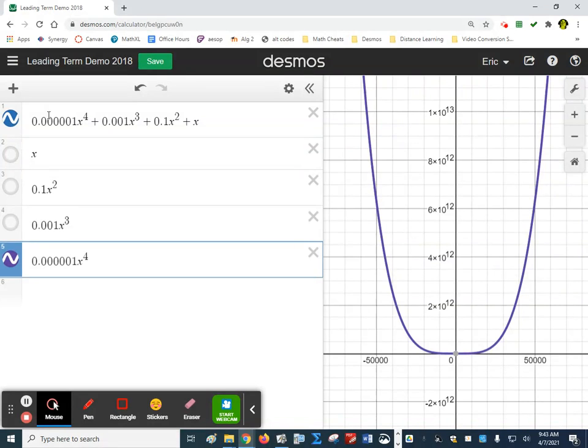So that makes it easy for us to analyze the end behavior of a polynomial. All we have to do when we want to analyze the end behavior of some big fancy polynomial is look at which term? Leading term, right? Whatever the parent function of that leading term is, that's going to be the end behavior of the polynomial. Okay, make sense?